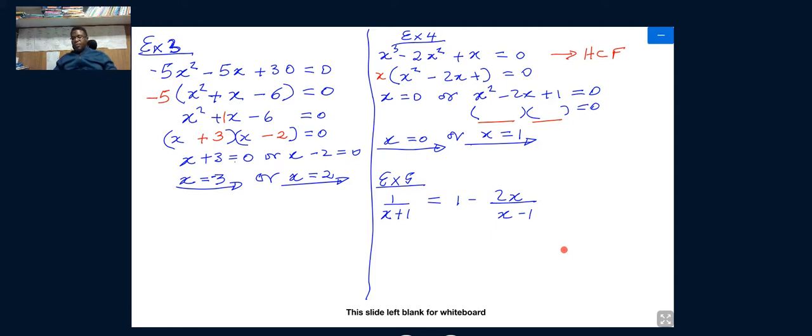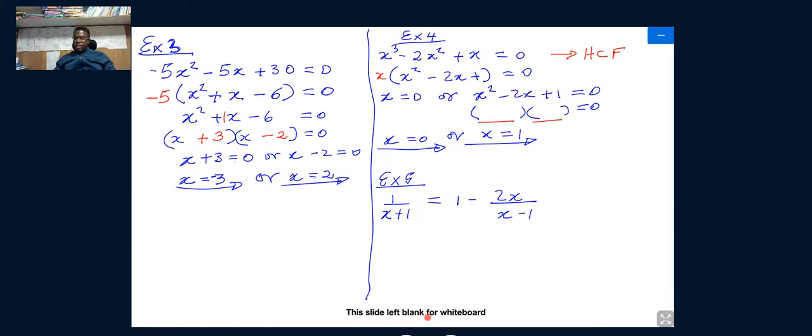What are you going to do here? We are going to look for a common denominator. What is the common denominator here? The lowest common denominator is x plus 1, x minus 1. Remember, you can do what you want, but you must apply those rules.